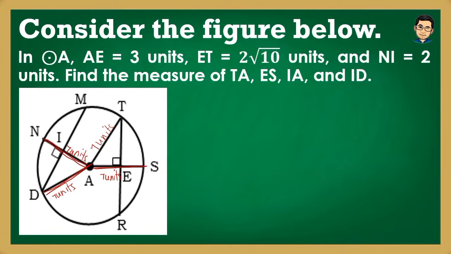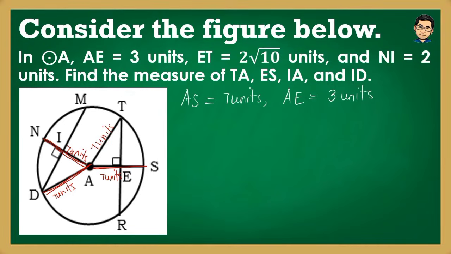Now, paano natin kukunin yung sukat ng ES? Okay, so, madali lang po yan. So, since yung AS natin, radius siya, which measures 7 units, and then, yung AE, ang sukat niya given then, which is 3 units. So, ang gagawin lang natin, isusubtract lang natin yung sukat ng AE sa sukat ng AS para makukuha natin yung sukat ng ES.